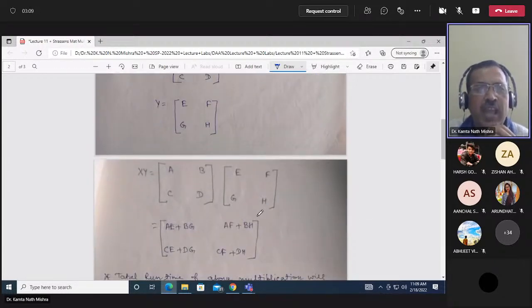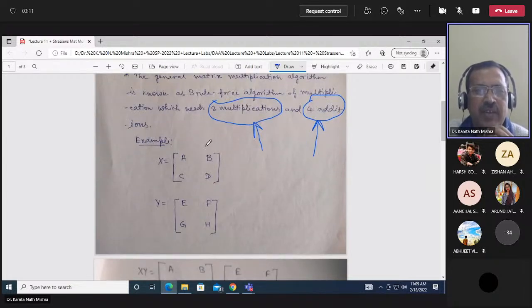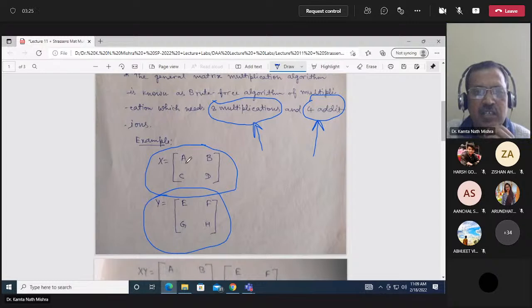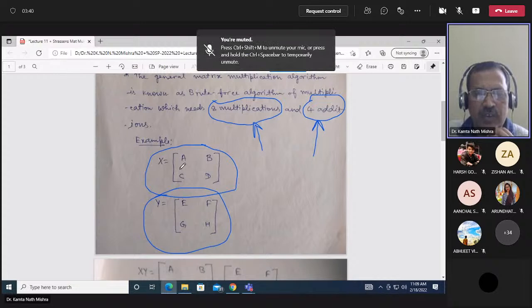So if X is A, B, C, D, taking a 2-dimensional array, and Y is E, F, G, H, and you multiply these two together, first row into first column, that will be the first value, then first row into second column. Second row into first column will be the value of second row first column.